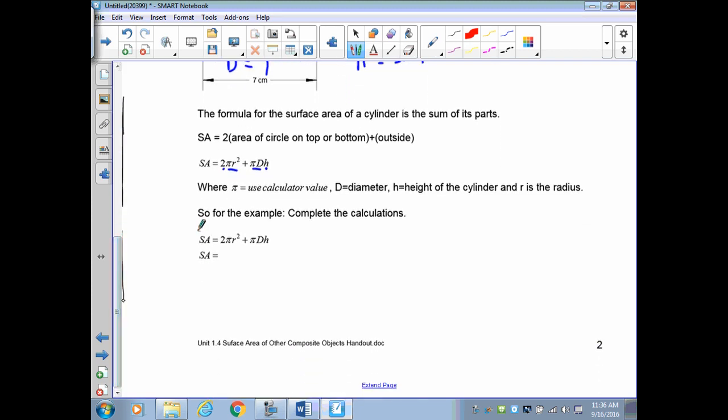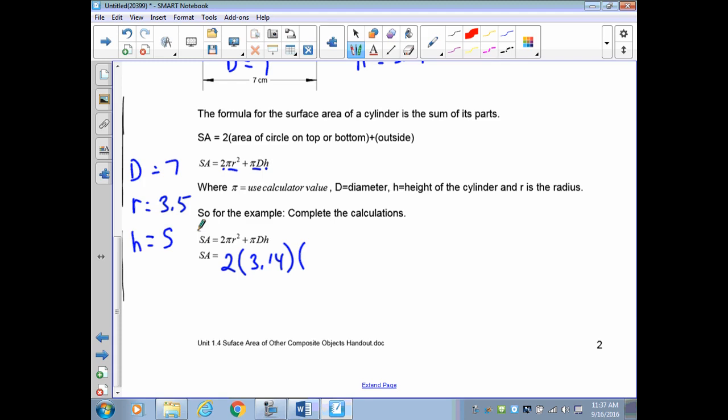All right, taking a look at our formula, we've got 2 pi r squared plus pi dh. The numbers that you put in: we know 2, obviously. Pi is 3.14. Our radius was equal to 3.5, our diameter was equal to 7, and our height was equal to 5. I'm just going to jot those things down so I don't mess them up.